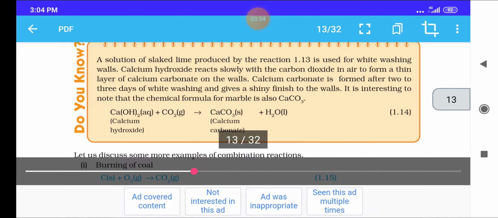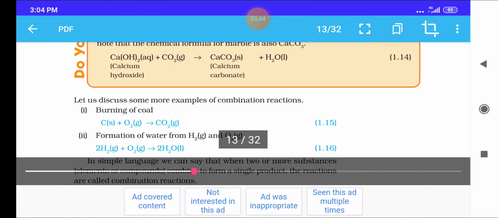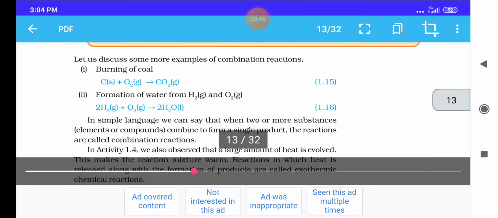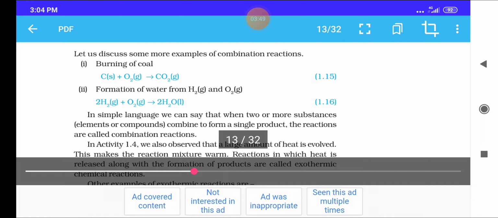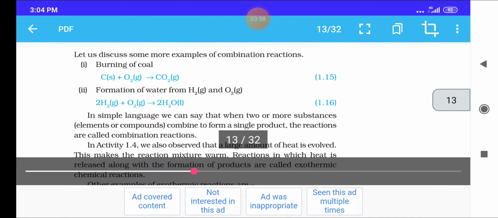And we apply the whitewash calcium hydroxide upon the walls that react with the carbon dioxide to form calcium carbonate solid. We have applied the liquid, and that converted into the solid. Some more examples of the combination reactions are carbon react with carbon dioxide, and hydrogen react with the oxygen to form the water. These are the few combination reactions.